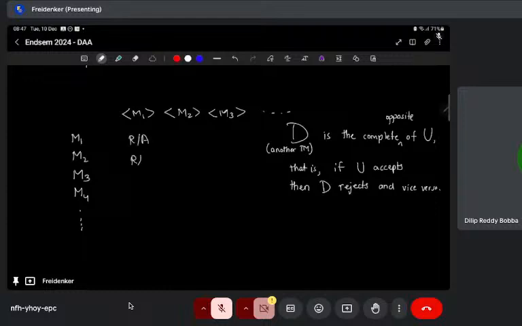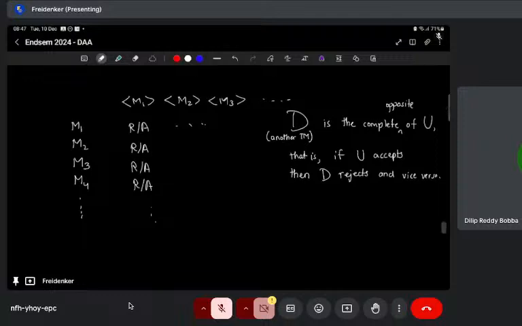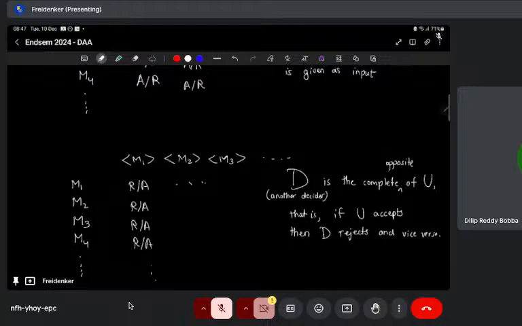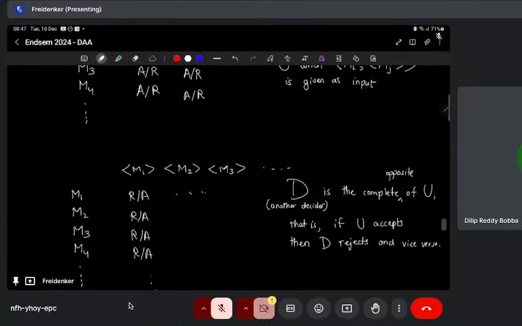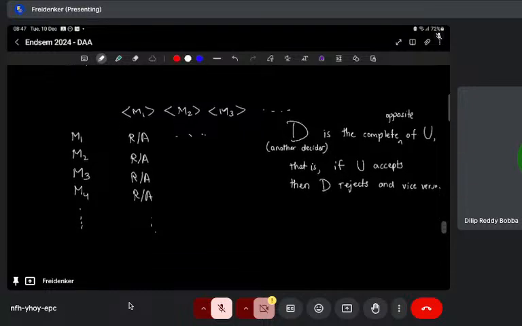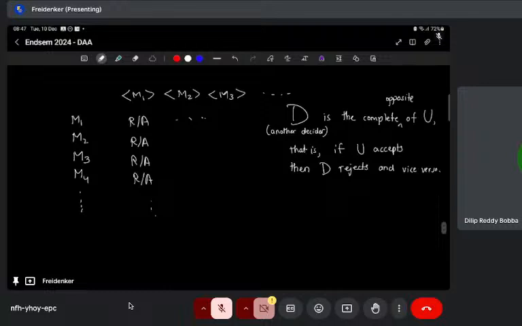It's the opposite. If U accepts, D rejects. If U rejects, then D accepts. So this is also a decider, right? For every input, you're either accepting or rejecting. U is a decider and D is another decider, with opposite decisions. Fine, so we have U, we have D.